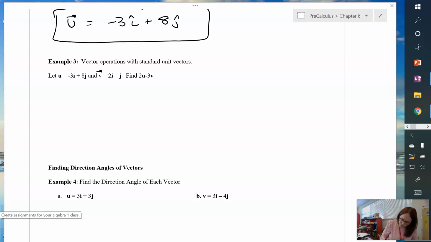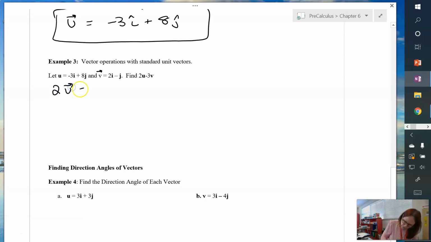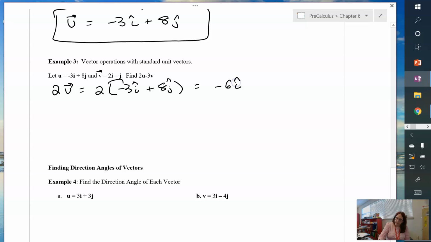Okay, so 2 times vector u is going to be 2 times (-3i plus 8j). And then all I have to do is just distribute this 2. So I'm going to get -6i plus 16j.